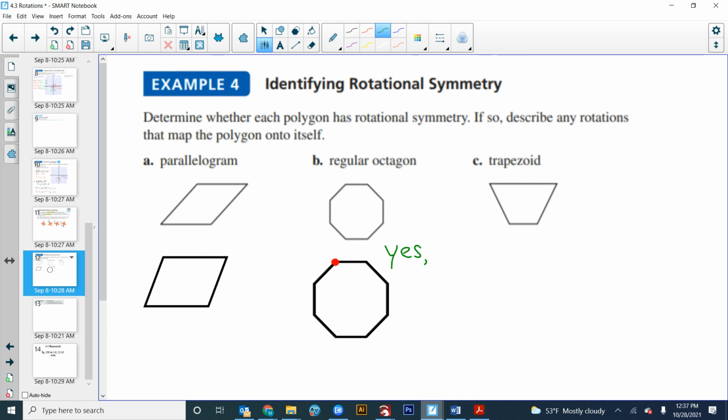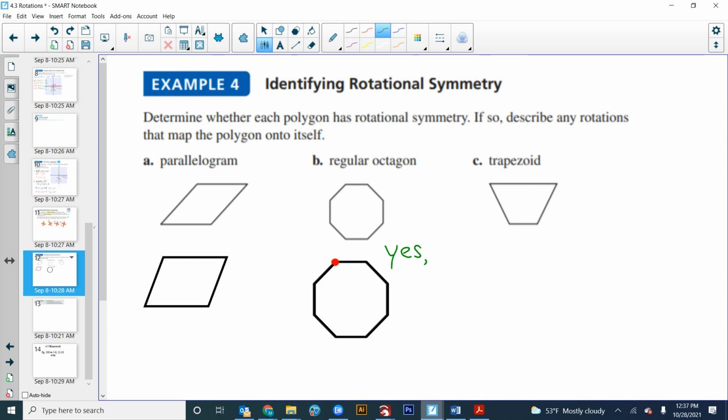How are you supposed to figure out how many degrees it took to rotate for it to map onto itself? Let's figure it out. How many degrees are in a full rotation? 360. How many times did it get mapped onto itself? 8.